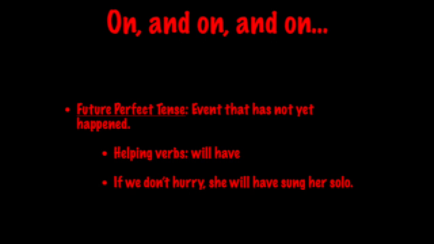Last one is future perfect tense. This is, of course, an event that has not yet happened, but still uses a past tense verb. The helping verb we're going to use, there's two of them. It will be will have, in this sentence at least. The sentence is, if we don't hurry, she will have sung her solo.